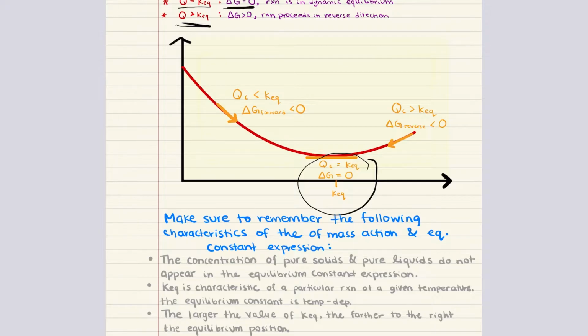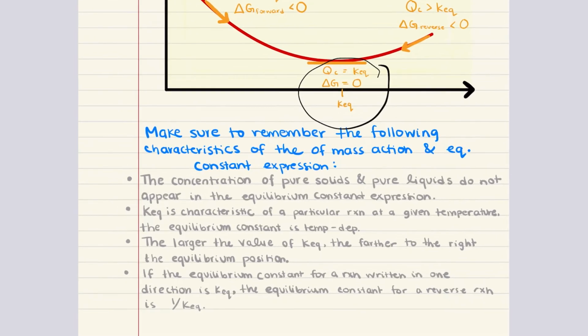Now, some final points to consider before we move into our next objective are the following. The first point deals with the exclusion of pure solids and liquids. The concentrations of pure solids and pure liquids do not appear in the equilibrium constant expression because their activities are defined as 1.